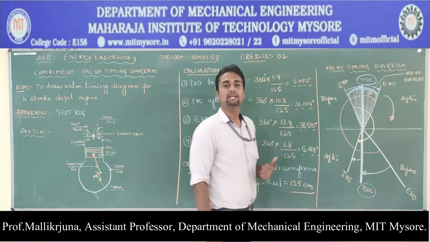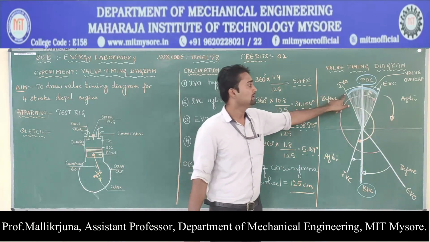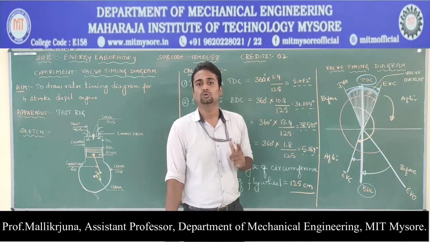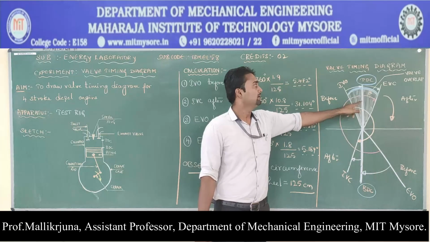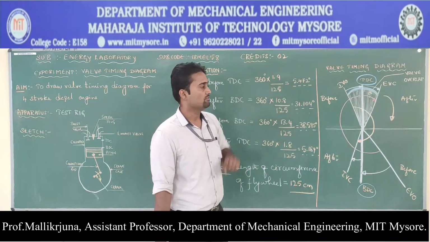When the engine is running at a lower speed, in order to reduce the compression ratio, this huge amount of charge injected into the cylinder helps. Because of that, the inlet valve is made to open before TDC. So that is the reason.